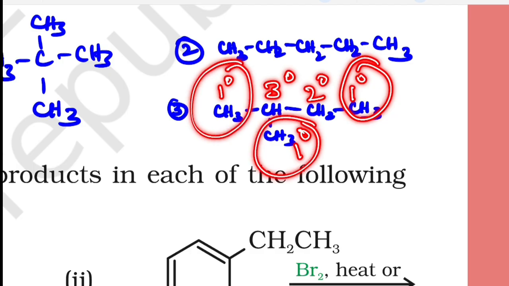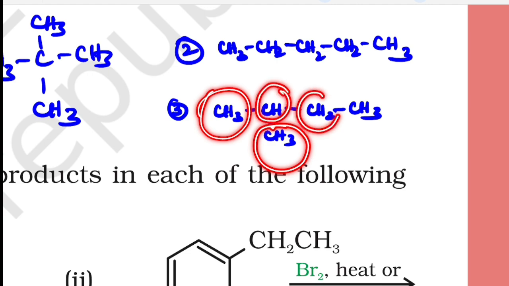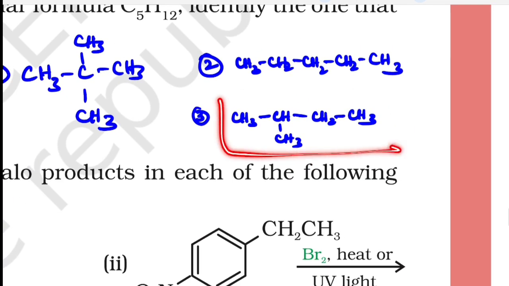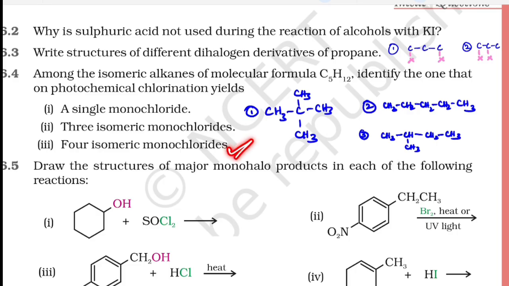Out of these 3 primary carbons, these 2 are the same because these 2 are attached to the tertiary carbon atom. So these 2 will be one type of hydrogen atom. This is the second type, this is the third type, this is the fourth type. So 4 different types of hydrogen atoms are there. Therefore this will give 4 different isomeric monochlorides. So the answer for this will be this.